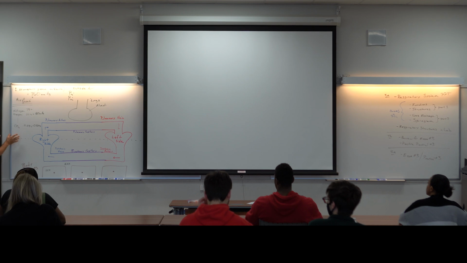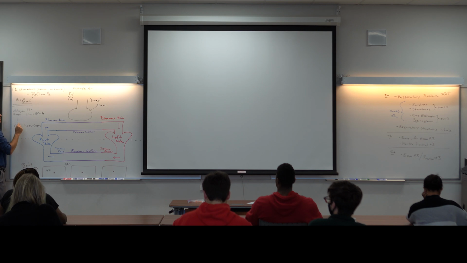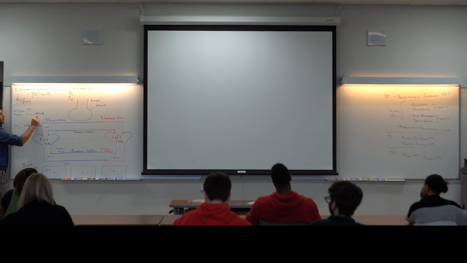So if we were to take each of those gases that make up atmospheric gases and look at their percentage of that 760, most of that 760 millimeters of mercury is nitrogen. But about 20% of that gas would be oxygen, and that 20% would account for about 160 of those millimeters of pressure.